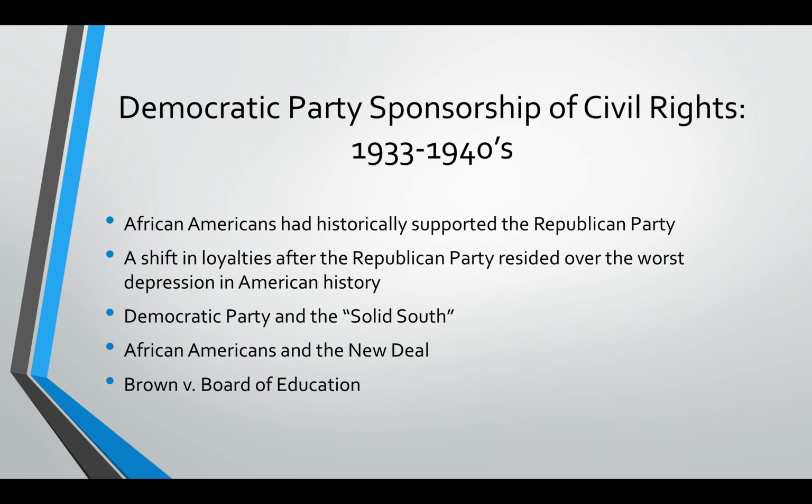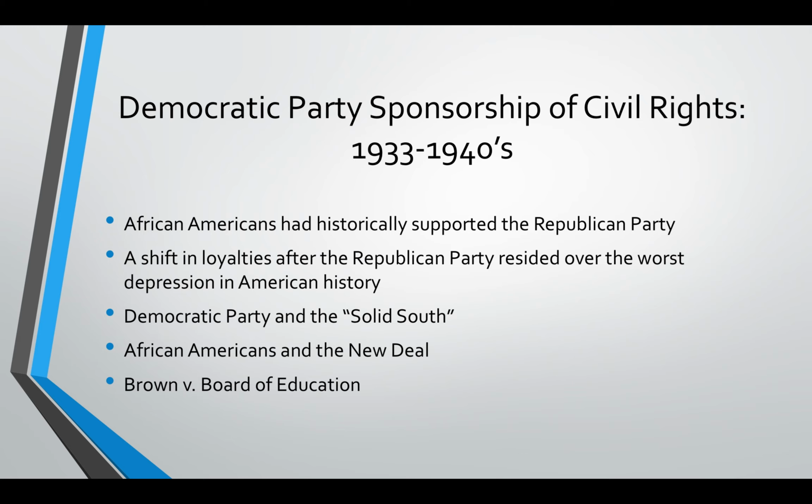Prior to the 1930s, African Americans had historically supported the Republican Party because of emancipation and Reconstruction. A shift began after the Republican Party presided over the worst depression in American history. The Democratic Party started embracing African American rights and voters.